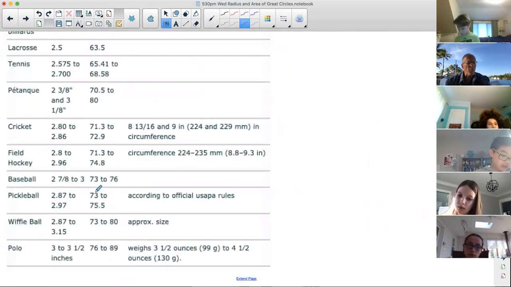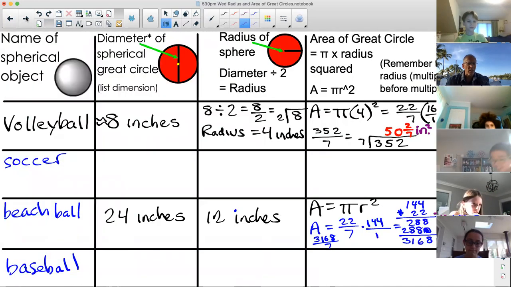Okay, so baseball is about 3 inches or 7.6 centimeters. Let's do the baseball and use 3 inches.